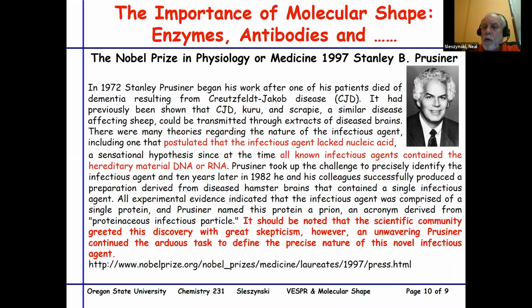Well, Dr. Prusiner had a patient who suffered from something referred to as Creutzfeldt-Jakob disease, or CJD. And it turns out that there are a number of diseases, both of humans and in the animal world, that are caused by the same thing. So in sheep, it's scrapie. In cattle, it's mad cow disease.